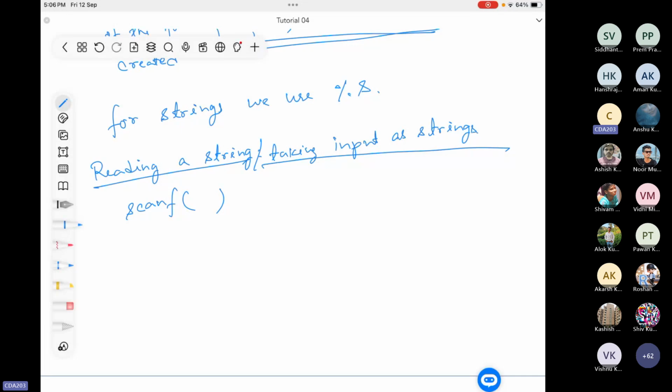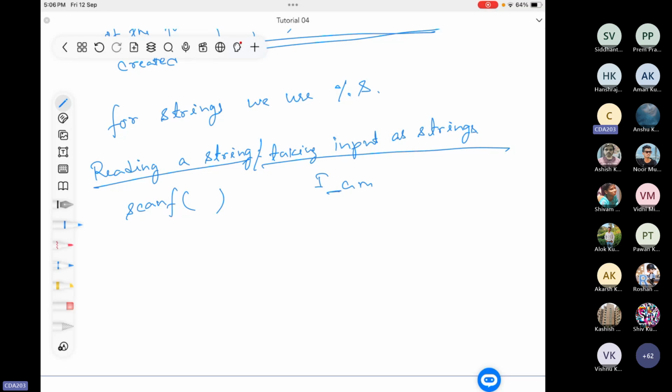But there is a problem with scanf in this case, because scanf will read only until there is a space. Suppose you type a line like "I am" with a space, scanf won't be able to read it.